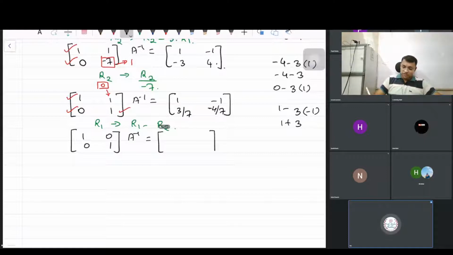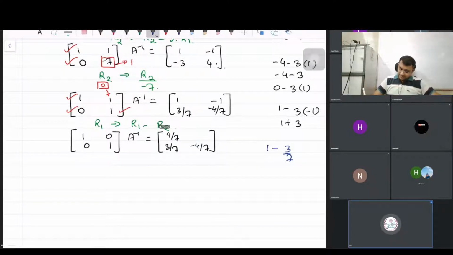Now let us focus on the right side. 3 by 7 and minus 4 by 7. No worries about that. Copy down from up. Let us see what happens to the right side above values. 1 minus 3 by 7. When you take LCM, the value will become equal to 7 minus 3, which is 4 by 7.